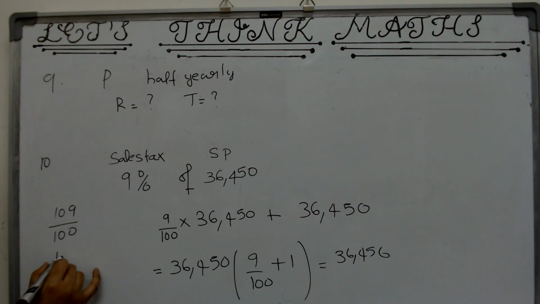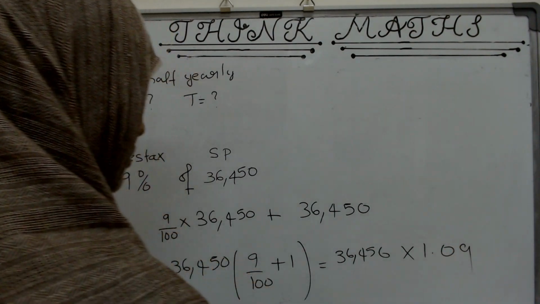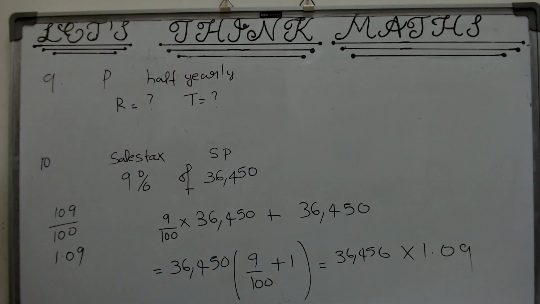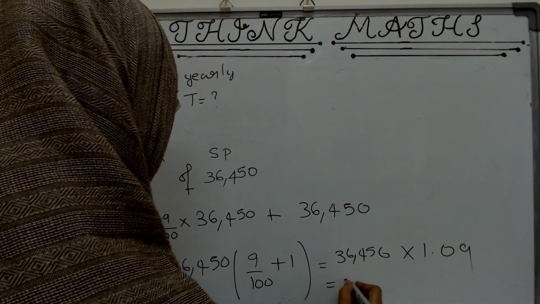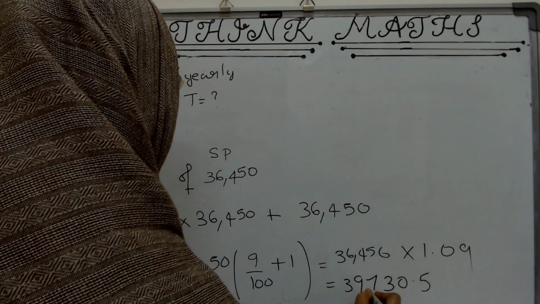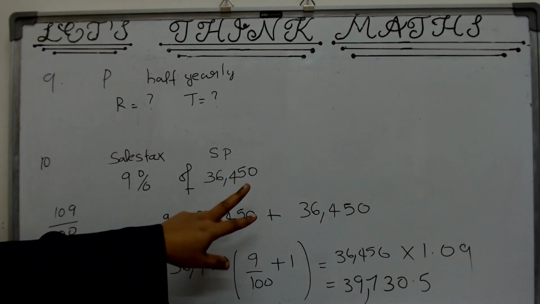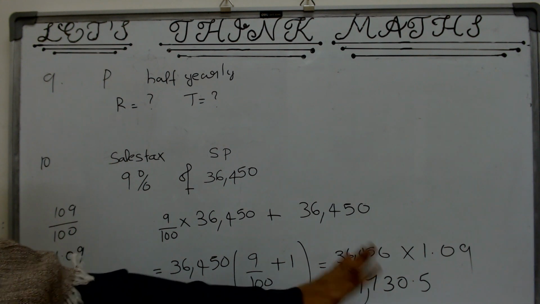And what is that? 1.09. So just multiply it by 1.09, you get the answer, and that answer is 39730.5. So she actually had to pay only 36,000 something, but she ended up paying 39,000 something.